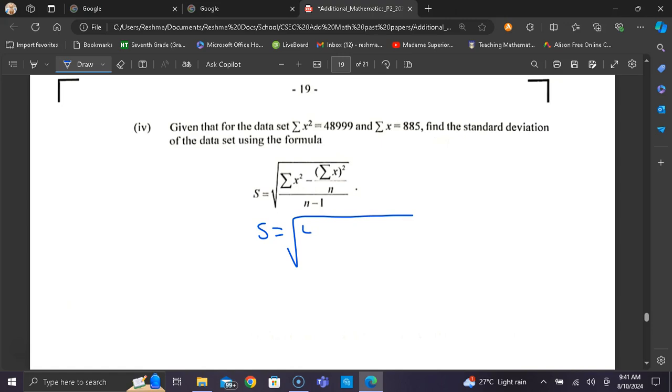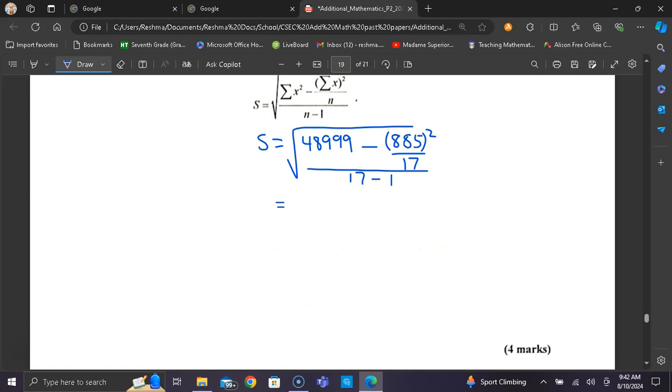So let's substitute the values that we have. Sigma x squared is 48,999 minus sigma x, which is 885, and of course we're squaring that and dividing it by n. N in this case is 17, and then we're dividing all of that by n minus 1. Let's work this out step by step. Of course, that's why it's 4 marks. We have 48,999.